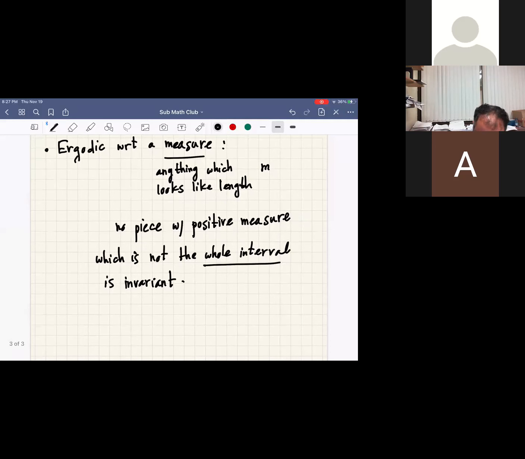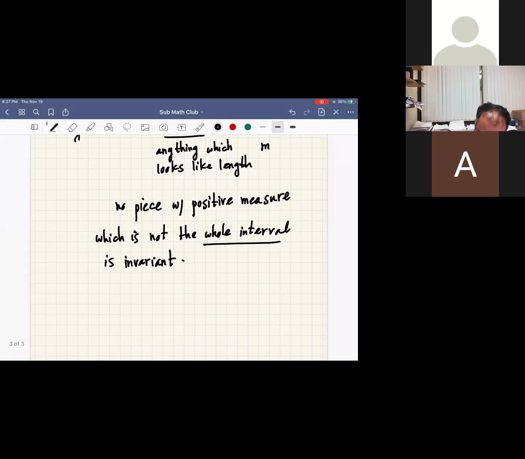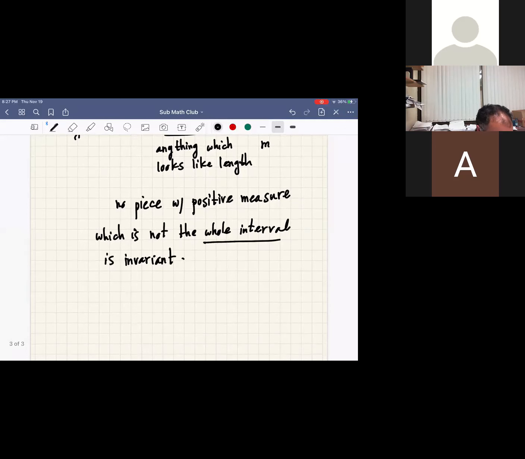There are going to be a couple of notions at the beginning. Before going there, about this ergodicity, I'm going to write something which is highly non-trivial, but essentially follows from the definition. If you're patient enough and work with the definition, you can see that it follows, and it is the following.